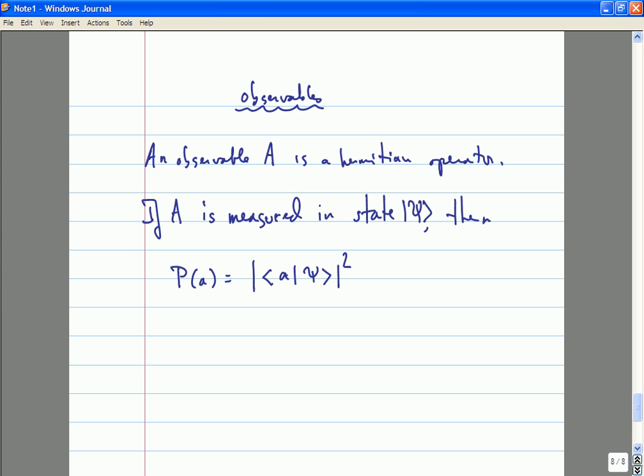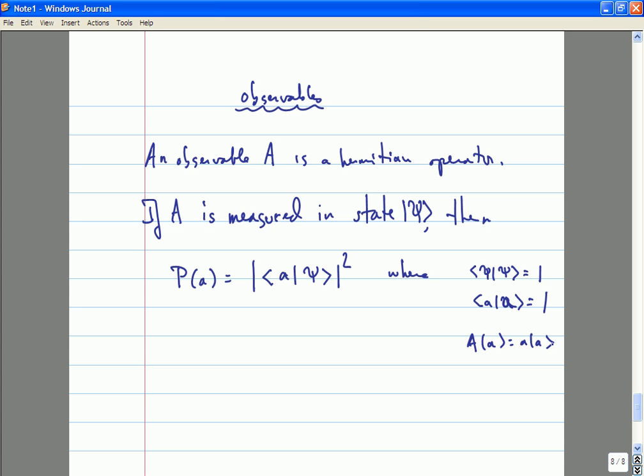Where here in this formula, I'm assuming that all of my states are unit normalized, and the state a is one of the eigenstates of the operator A.